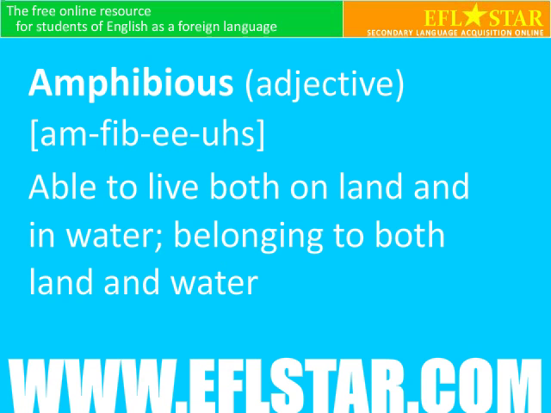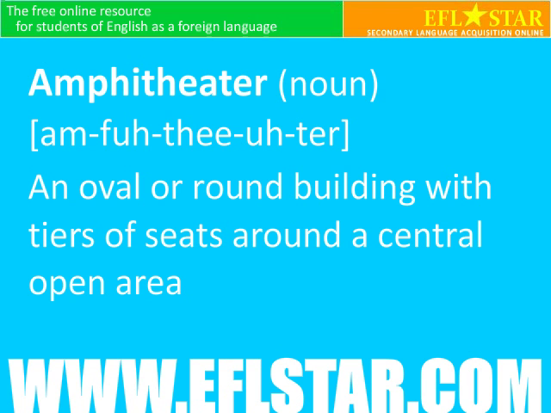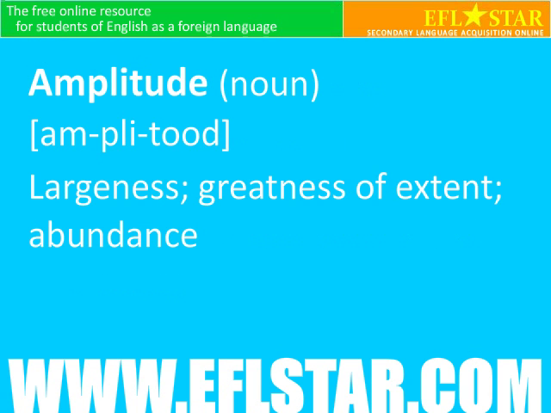Amphibious, able to live both on land and in water, belonging to both land and water. Amphitheater, an oval or round building with tiers of seats around a central open area. Amplitude, largeness, greatness of extent.